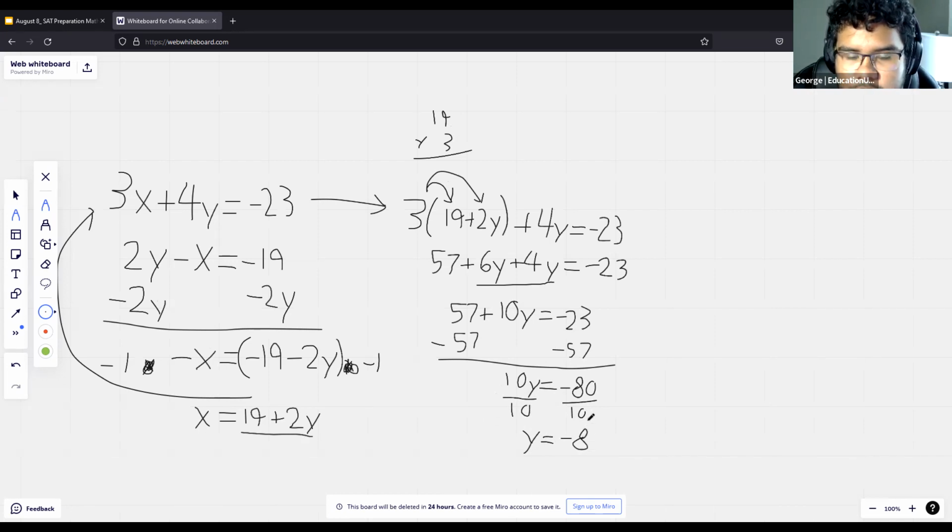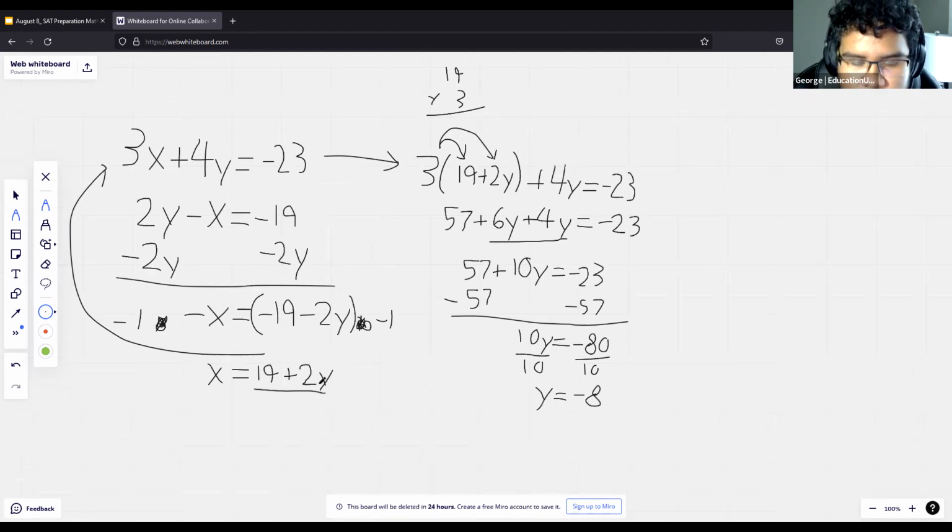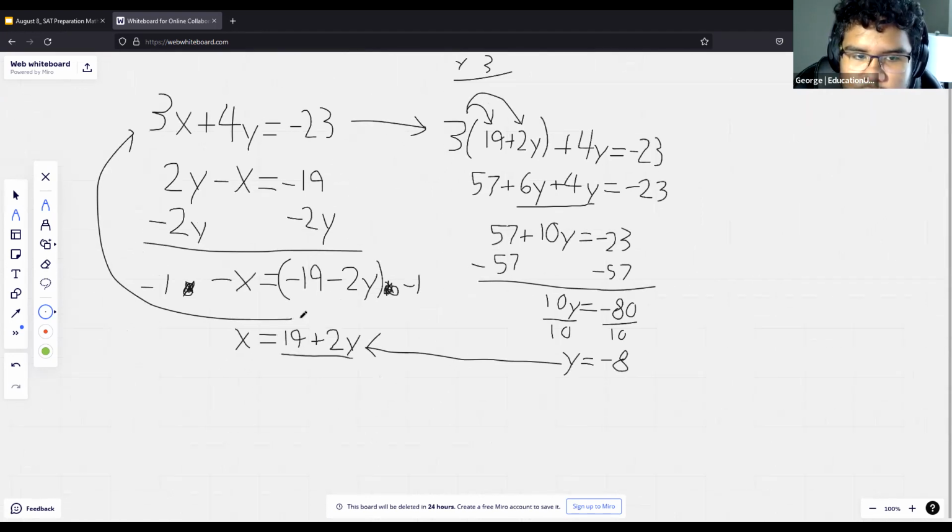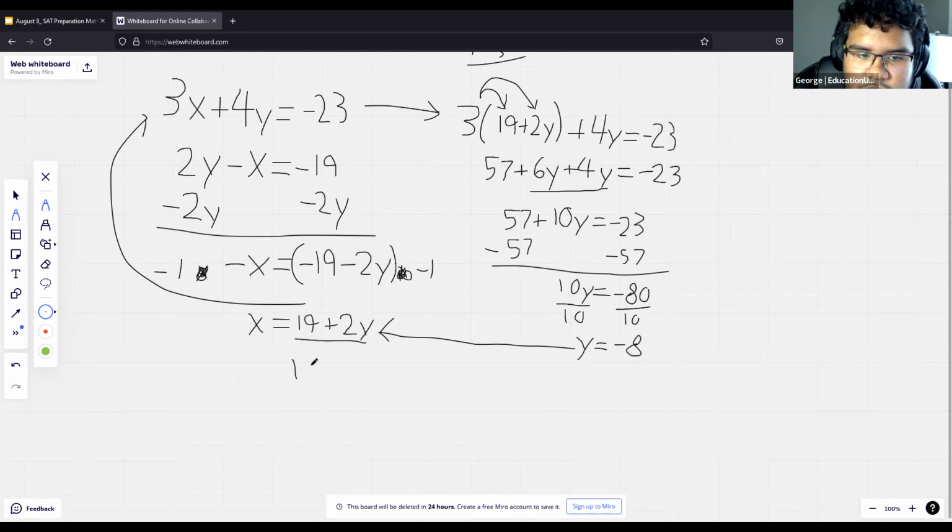And now that we know the value of y, we can use it to solve for x again, because we already have an equation for x in terms of y. So we can just plug this value back into the x equation we had. So we had 19 plus 2 times negative 8, and 2 times 8 is 16.